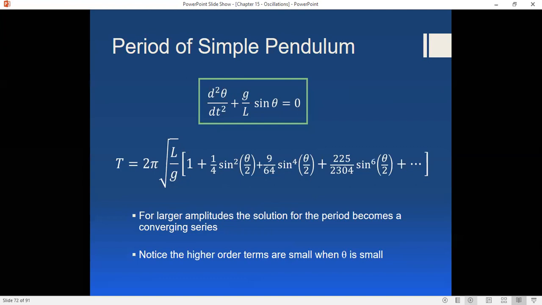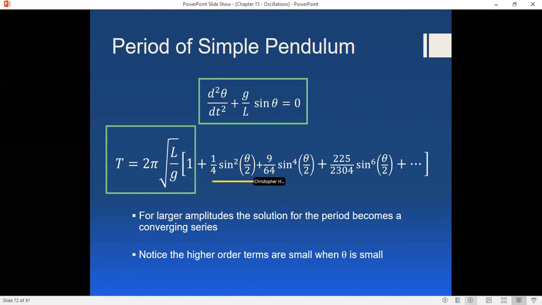We still would get the original result that we got for the small angle approximation, okay? The period would be 2 pi square root L over g times 1. However, as the angles get larger, these next terms become significant and can't be ignored.